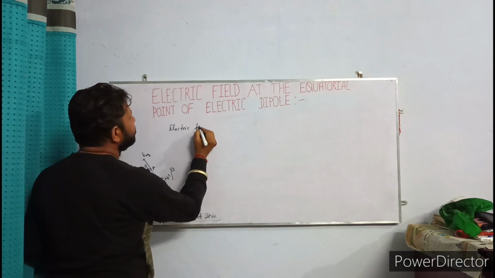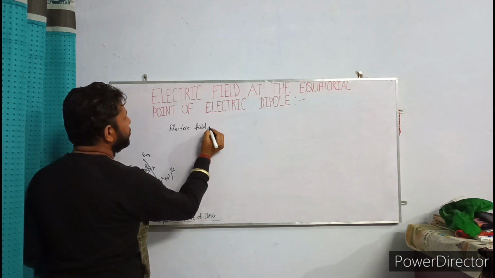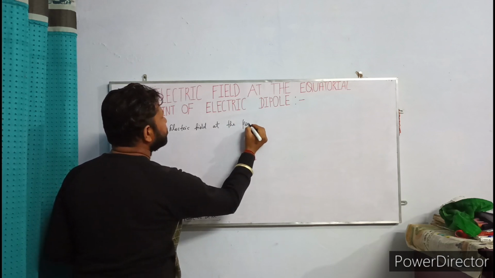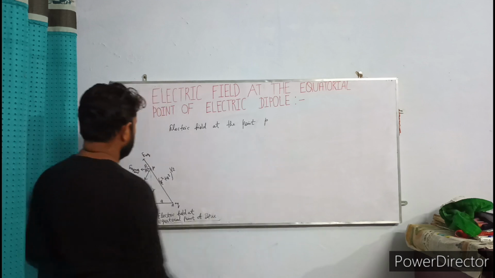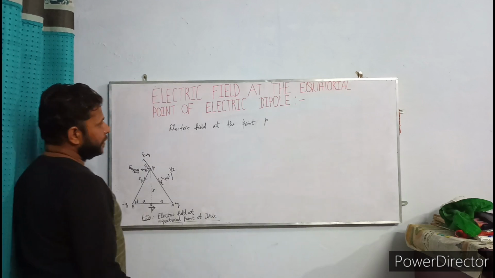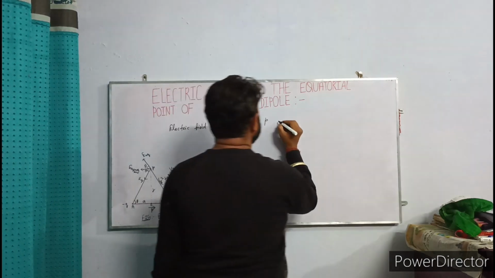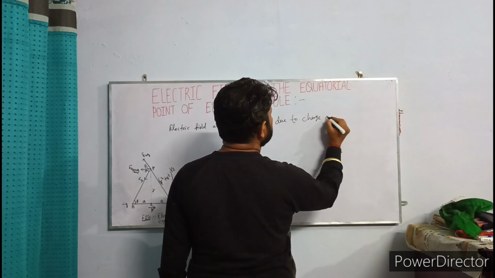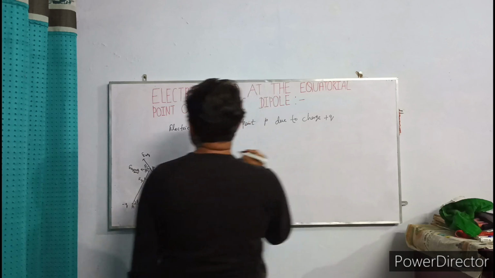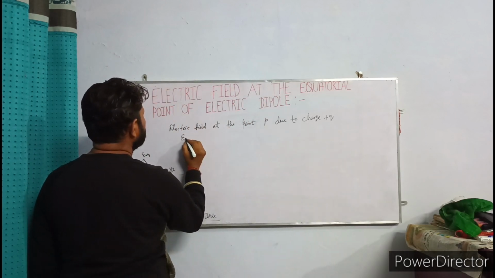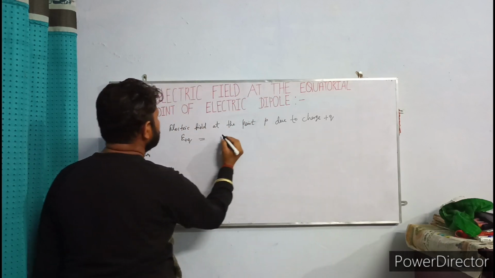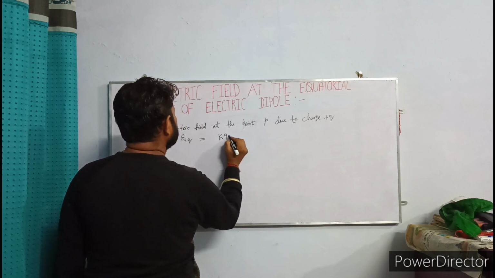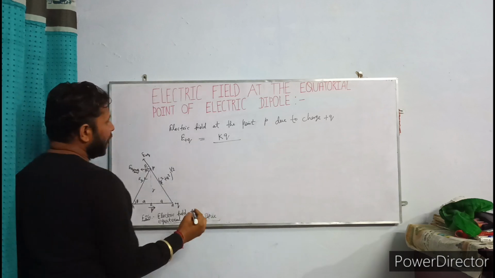Now, the electric field at the point P due to charge plus Q, E plus Q, is equal to kq upon r square.